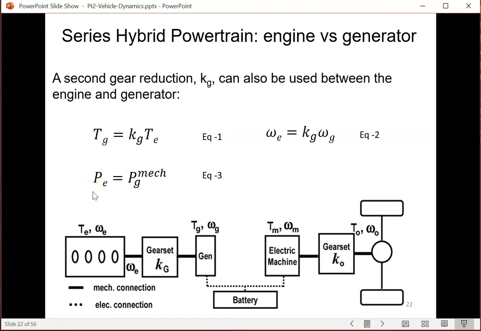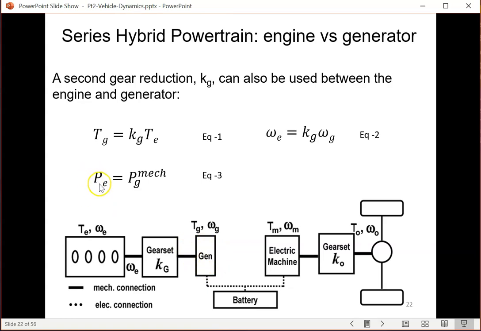And the output power of the engine, which is mechanical, equals the mechanical power of the generator, which is the input to the generator.